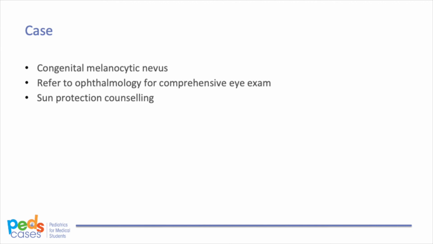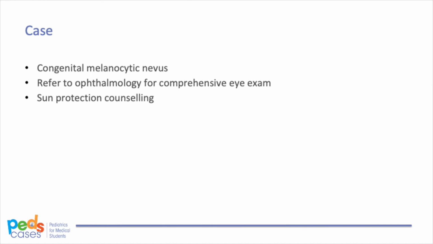To recap, Lucy is a 17-year-old girl who presents with a 4x3 mm symmetric oval-shaped papule with irregular but well-demarcated border on her right lower eyelid and a 1x1 mm darkly pigmented cystic lesion on the right temporal conjunctiva at the limbus.